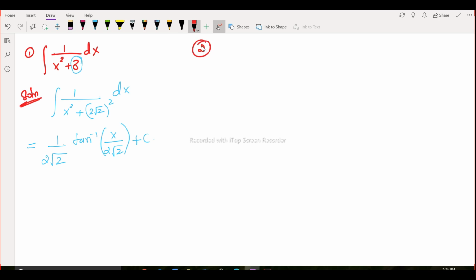Let's try one more. Let's say we have integration of 1 upon 9x square minus 8 dx. Let's solve this one. This doesn't look like a standard form, so I'll take 9 outside, so I can write this as x square minus 8 by 9, taking 9 common.